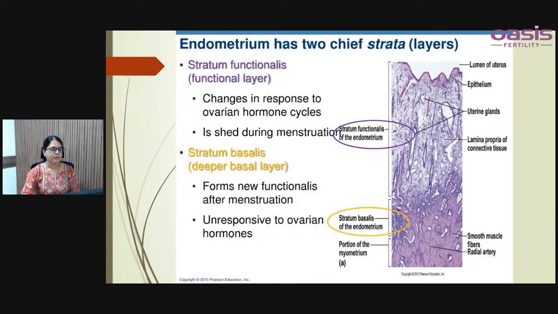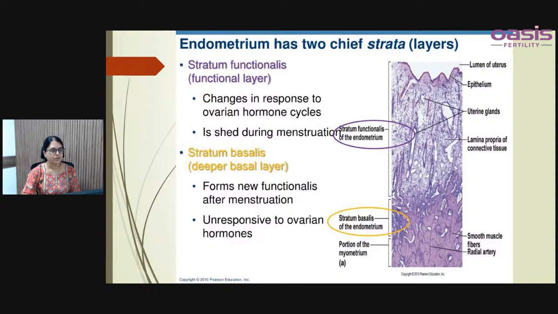Again, the endometrium is divided into two layers. That is the stratum functionalis, which is the functional layer of the endometrium, and this layer changes in response to ovarian hormonal cycles. This is the layer which is shed during menstruation. And one more is the stratum basalis, which is the deep basal layer of the endometrium.